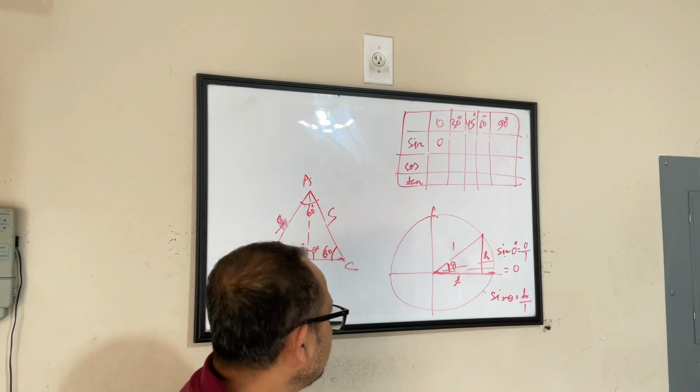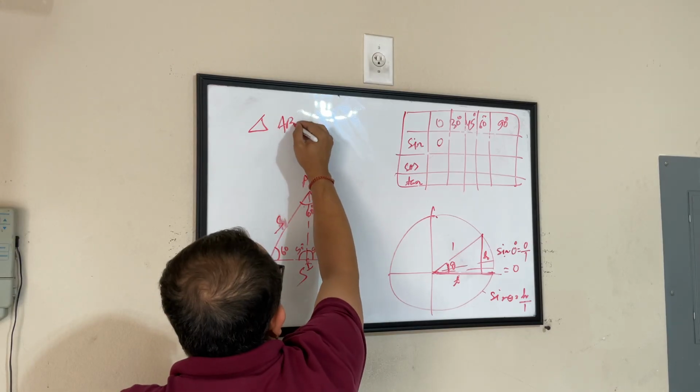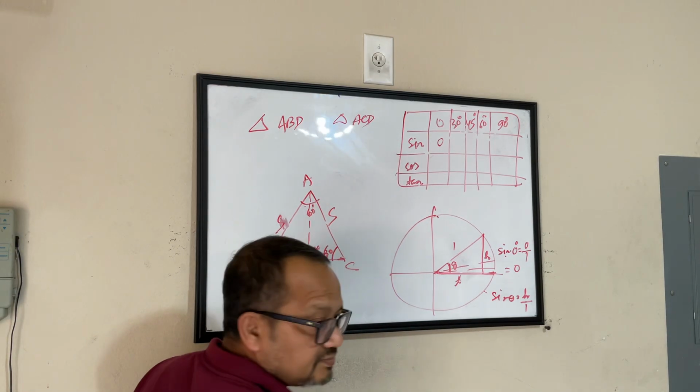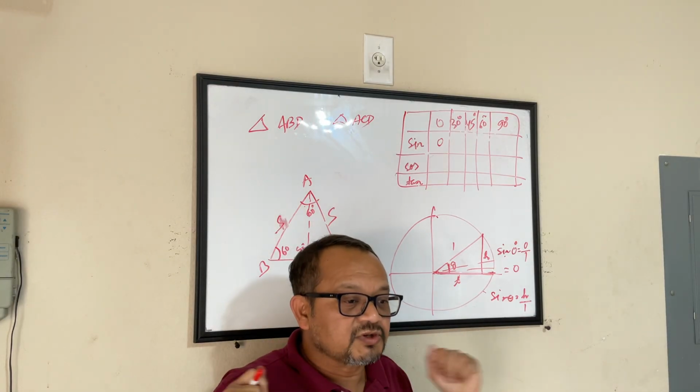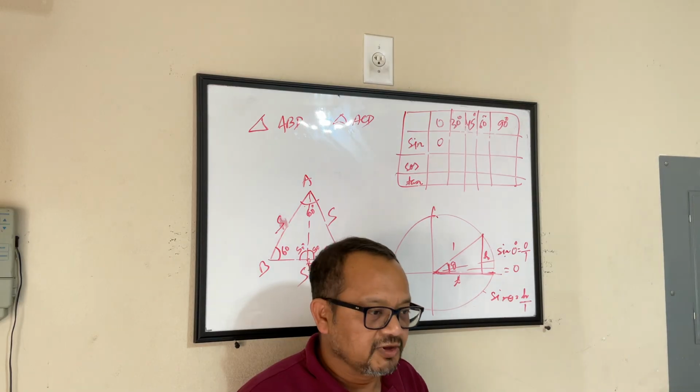Everybody agrees? Now I have two triangles, ABD and ACD. I am forcing you guys to believe that these two are congruent. Do you think so?